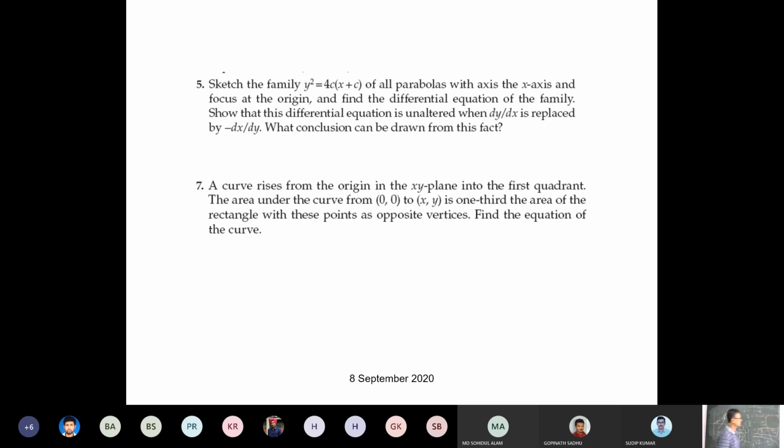So now let us try to do problem number 5. Have you done problems like this one before? Can anybody tell me? You are familiar with this kind of problem?